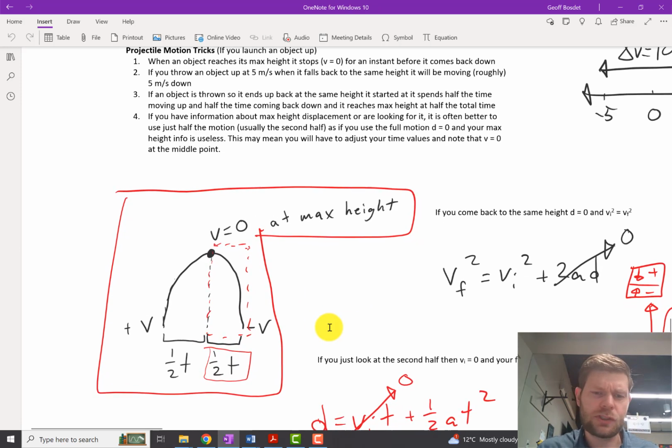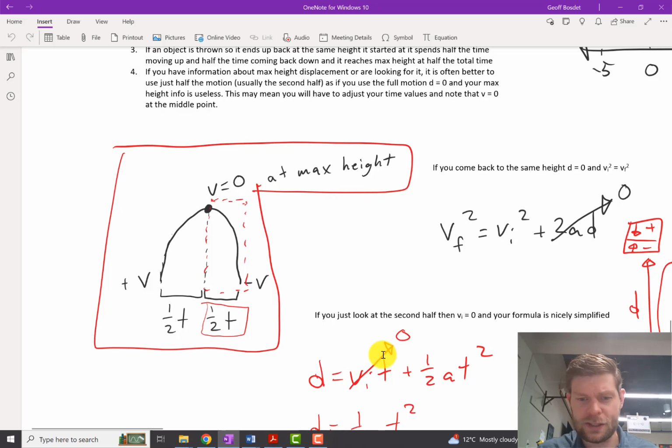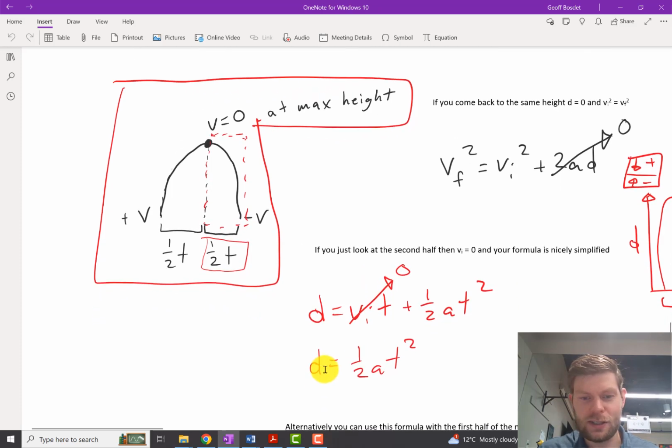And yeah, a lot of times it's going to be just better to use half the time, specifically the second half, because you've got this lovely formula here, which has initial velocity and a t and a t squared, which is normally pretty hard to use together. You've got a t term and a t squared term, but if vi is 0, like it is if you're just looking at this part of the motion, then it's a nice easy displacement is 1/2 at squared.